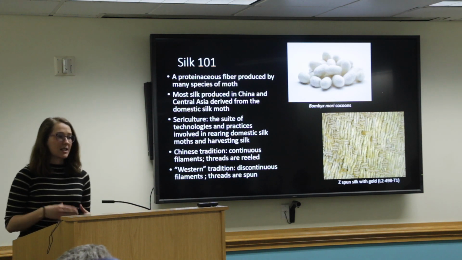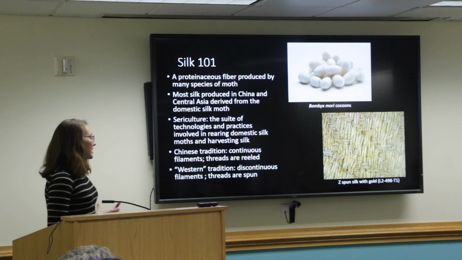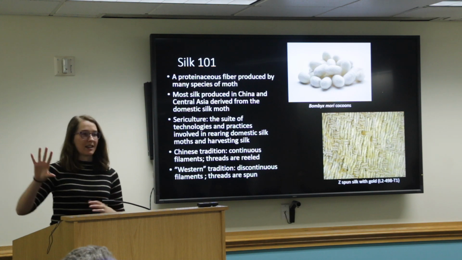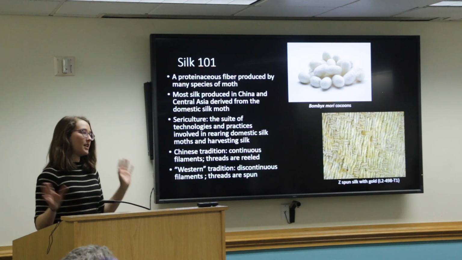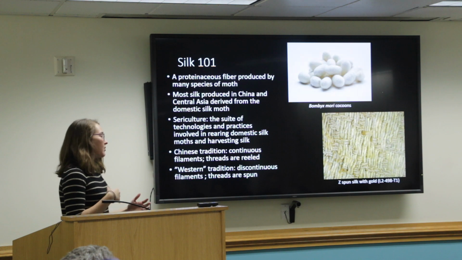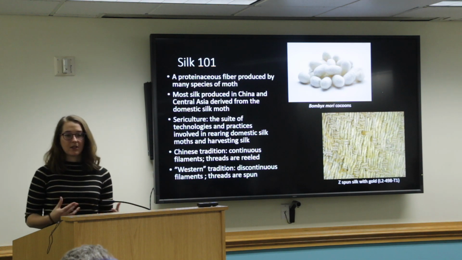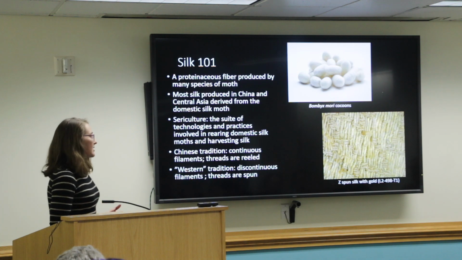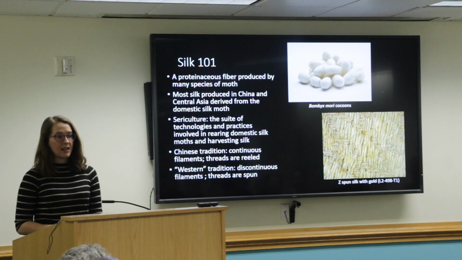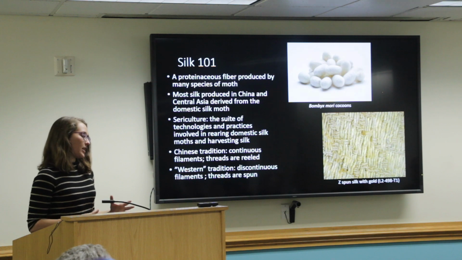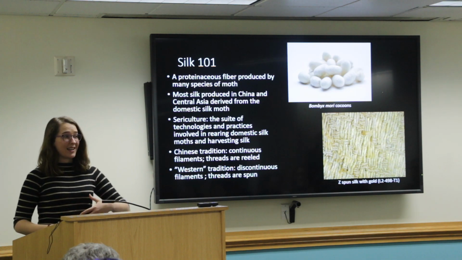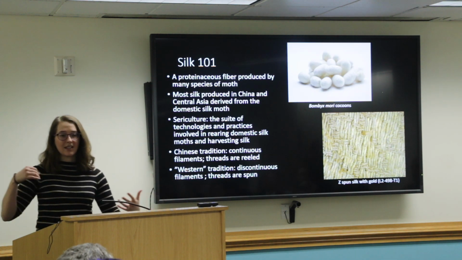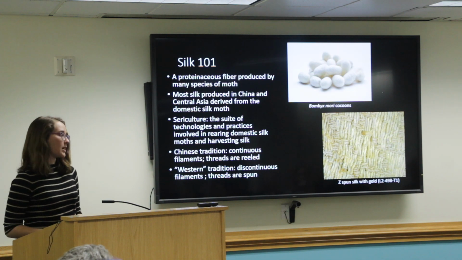So we'll get into this a little bit more in detail, but in the Mongol period, what's really interesting and what has been explored fairly extensively is the fact that we get these Eastern traditions and Western traditions coming together and merging, and we have people trained in different traditions working together and sharing techniques. One of the ways that we see that is in the treatment of the threads. So we see people using different thread treatments or combining weaving styles and technologies with different technologies associated with thread production.